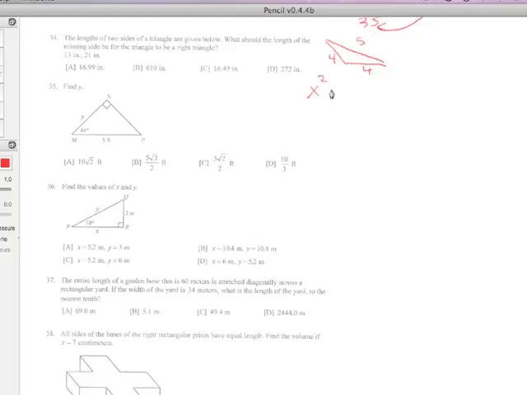And we know either x squared plus 13 squared is equal to 21 squared, or 21 squared plus 13 squared is equal to x squared. I don't think there's an easier way to do this. We have to do each one of these, but as soon as you do the first one, you see x squared is equal to 21 squared minus 13 squared. Let's see if that's possible.